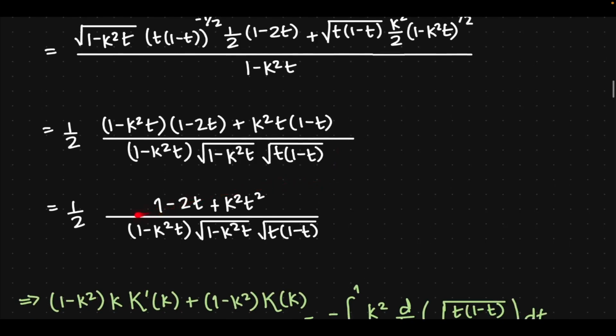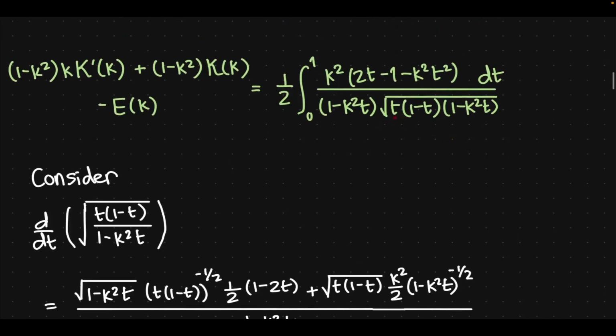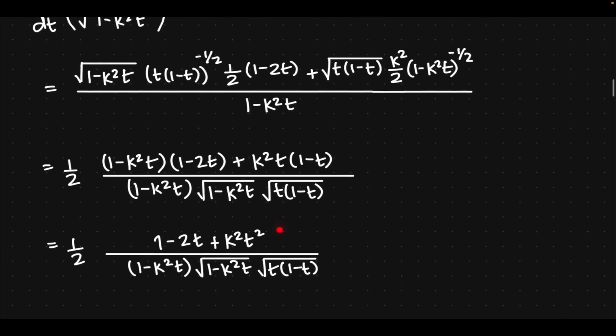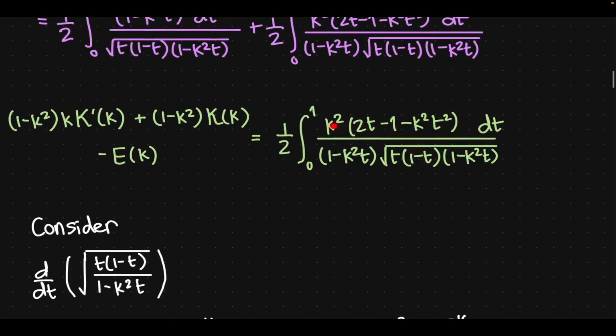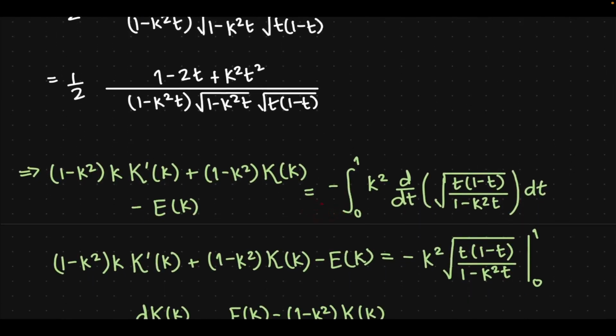We can simplify this further: 1 half times (1 minus 2t plus k squared t squared) divided by (1 minus k squared t) times square root of (1 minus k squared t) times square root of t times (1 minus t). And this is very close to the integrand we have here. It's just that there's a discrepancy of a minus sign and a k squared factor, basically. So that's all we're going to do.